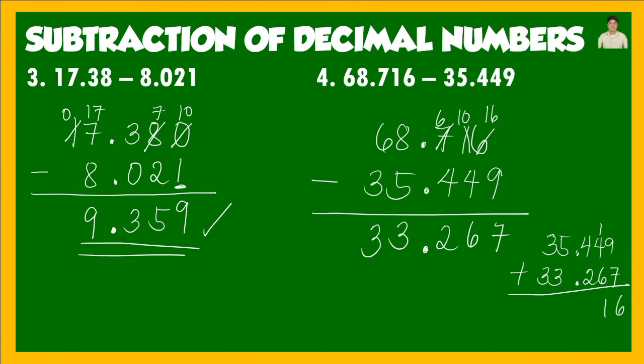So, we'll write 1, carry 1. 4 plus 2, 6 plus 1, 7. 5 plus 3, that is 8. 3 plus 3, 6. So, as you can see, our answer is 68 and 716 thousandths, which is the value of our minuend. So, ibig sabihin, ang 33 and 267 thousandths is correct.